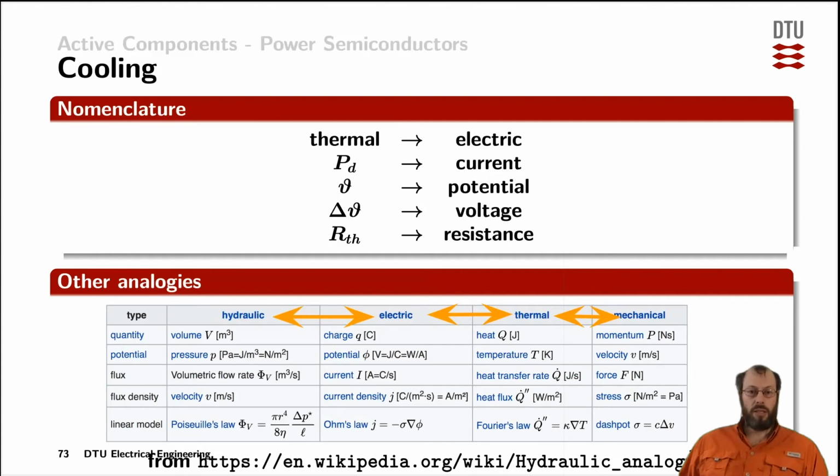Now, to help us electrical engineers understand thermodynamics a bit better, we focus on the two columns called electric and thermal here. The electrical charge, lowercase q, measured in Coulomb, is represented in the thermal terminology by the heat, with the uppercase letter Q, which is measured in Joule.